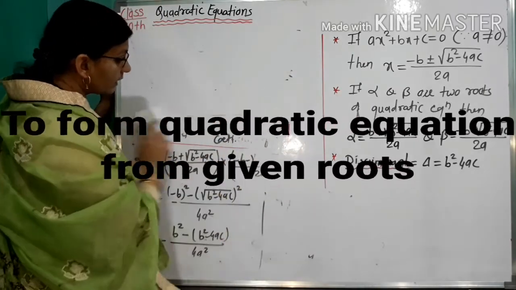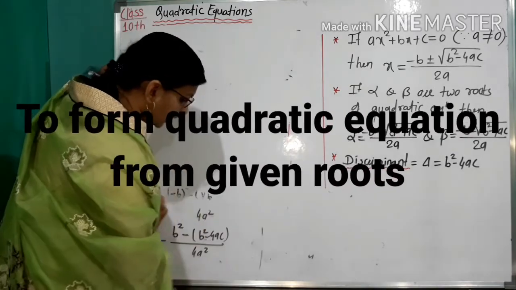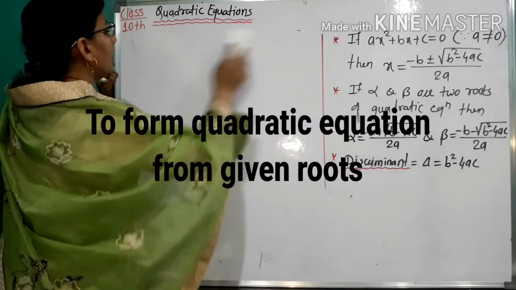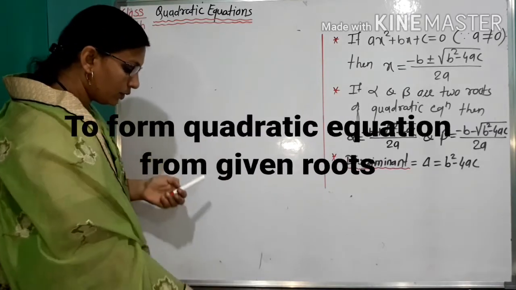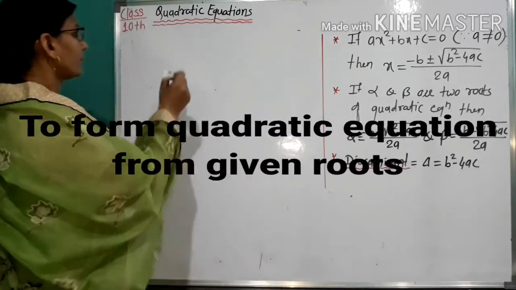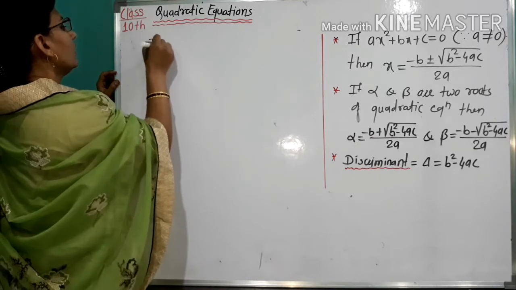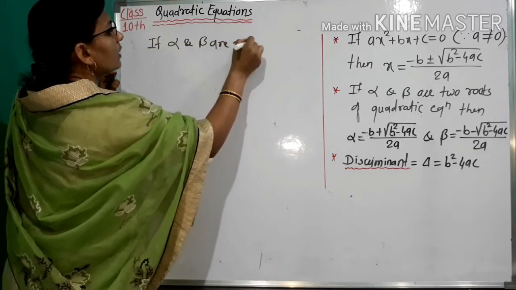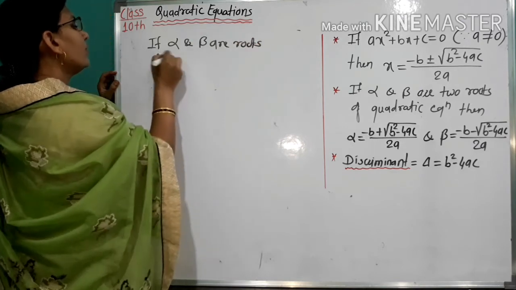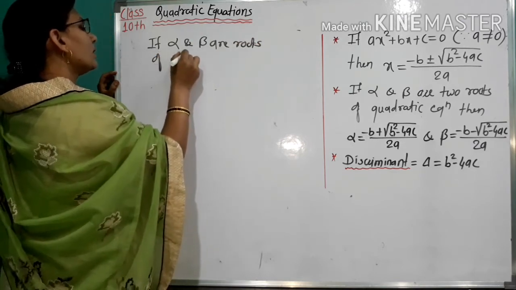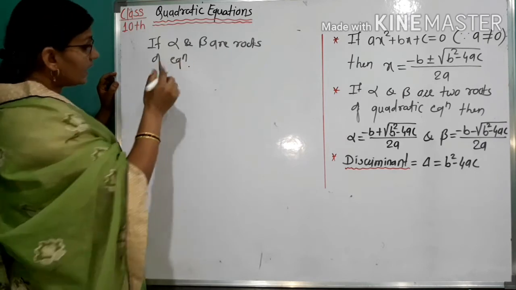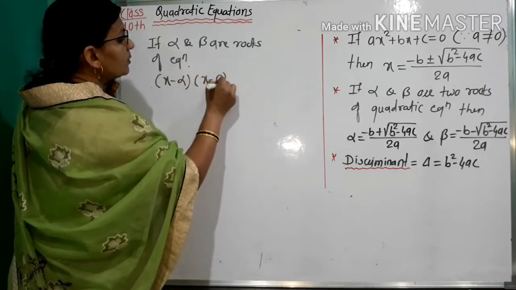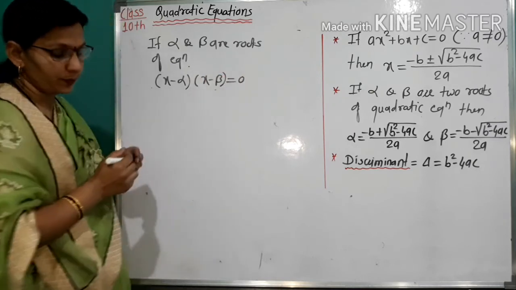Now if two roots of equation are given, then how to form the quadratic equation? Let alpha and beta are the roots of equation. If alpha and beta are roots of equation, then we write that x minus alpha into x minus beta equal to 0.